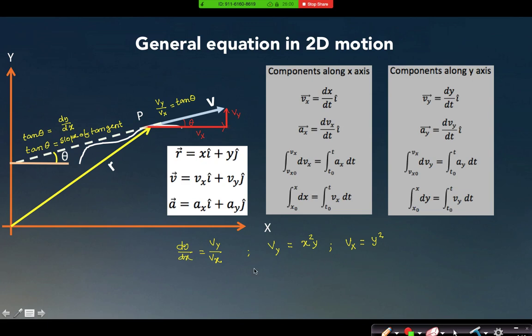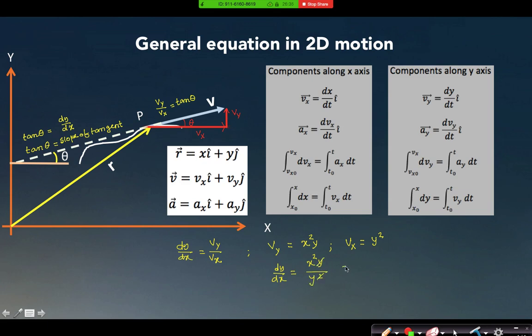And if I now ask you what is the trajectory of the particle, you can always approach it in the conventional method: you integrate Vy to find the y value, find the x value, then find some relation between y and x. That is a different approach, but this question can be easily solved this way: dy by dx is equal to Vy by Vx, which is x square y by y square.